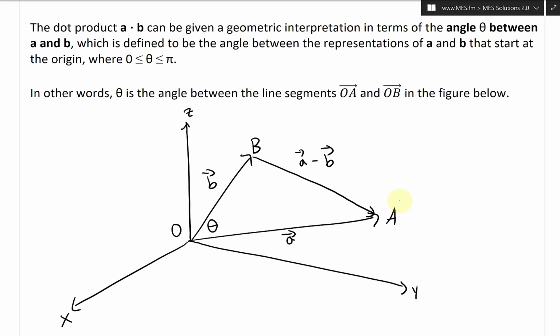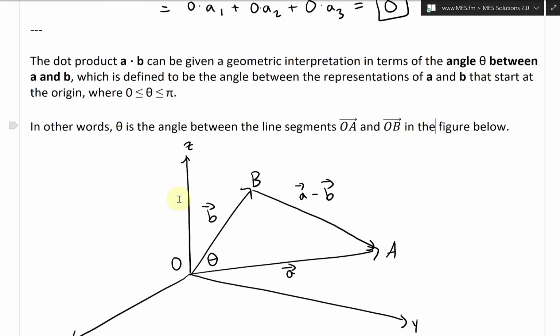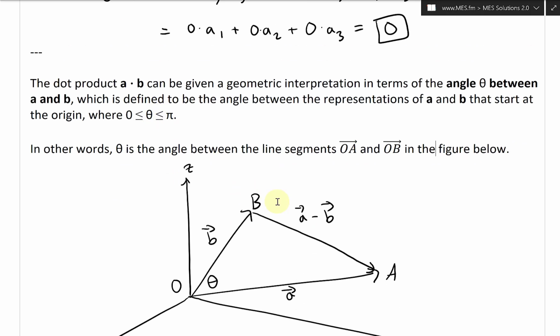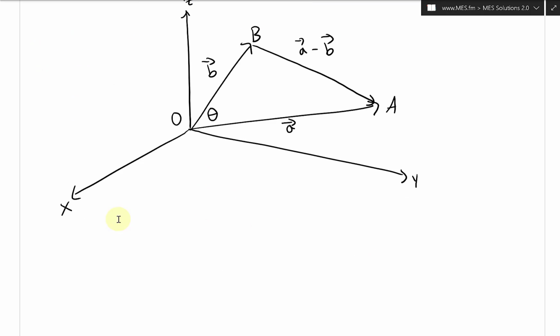This is because if you have B plus this vector A minus B, the B cancels and we're just left with A. So that vector going all the way over there is A minus B. And here we will show that we can give this dot product a geometric interpretation using this setup, where that's the angle between these two vectors.